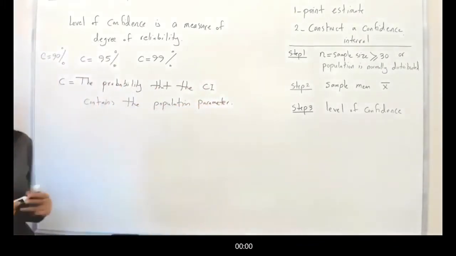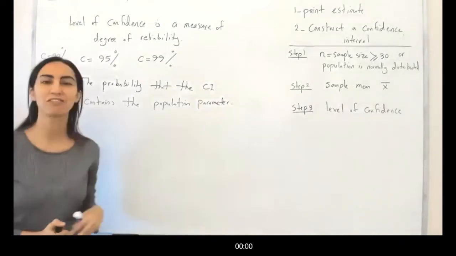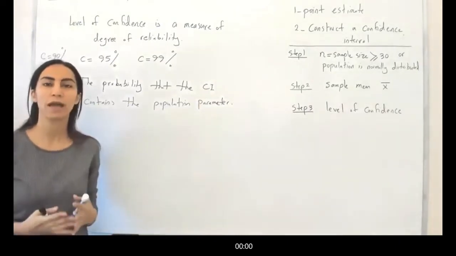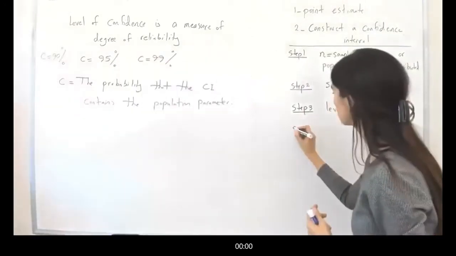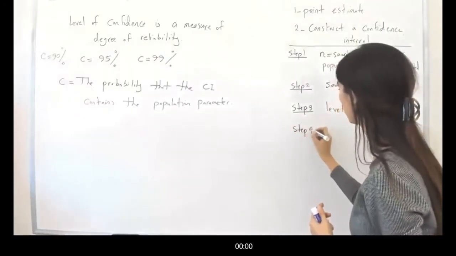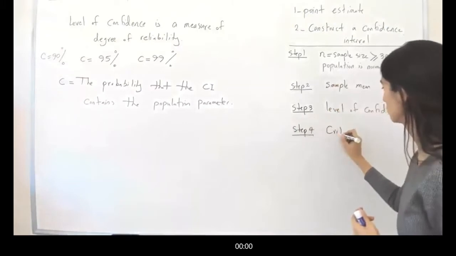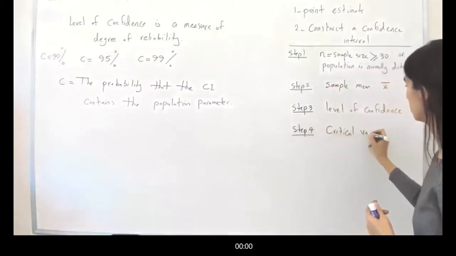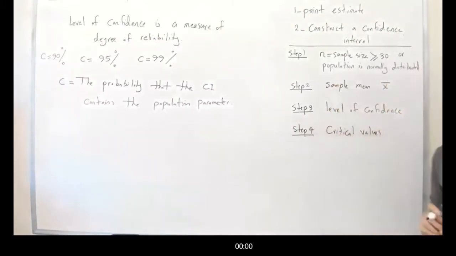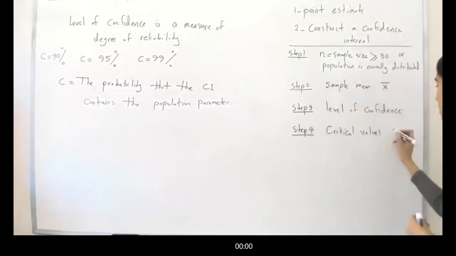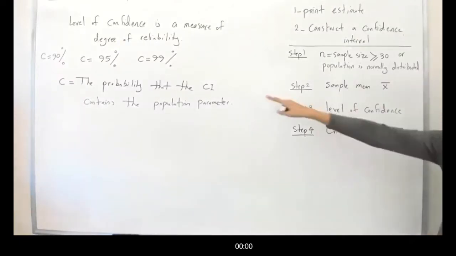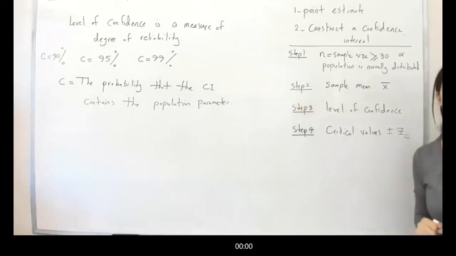Very well. After identifying the level of confidence, the next step is to actually find the critical values. Step 4, critical values, that we denote as plus minus z sub c. So the level of confidence is a probability, you have your probability.